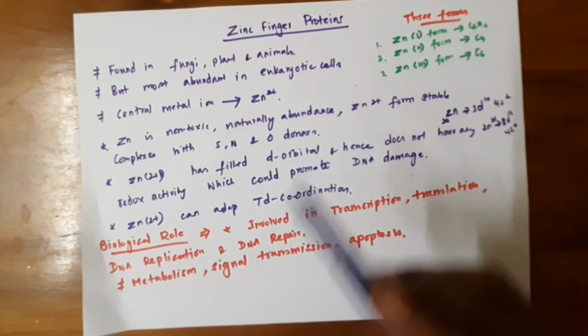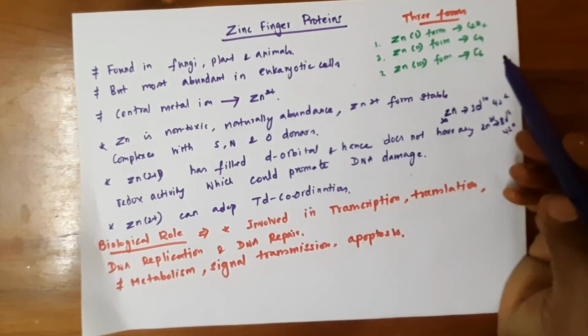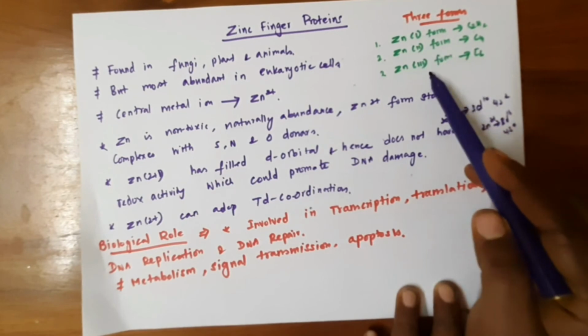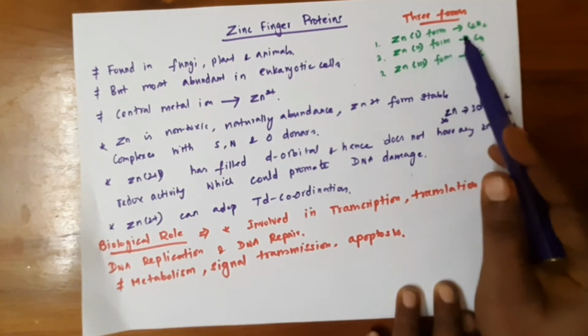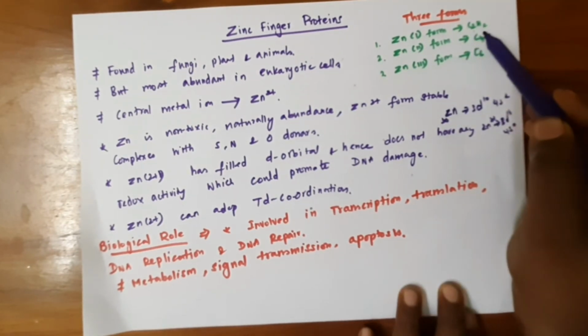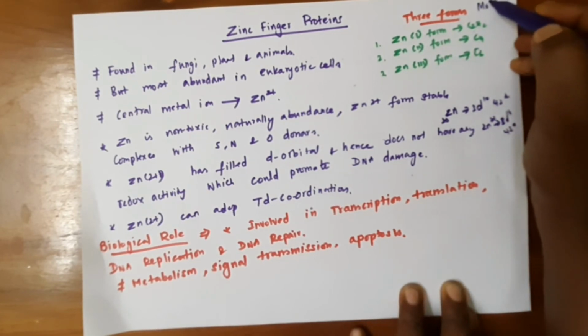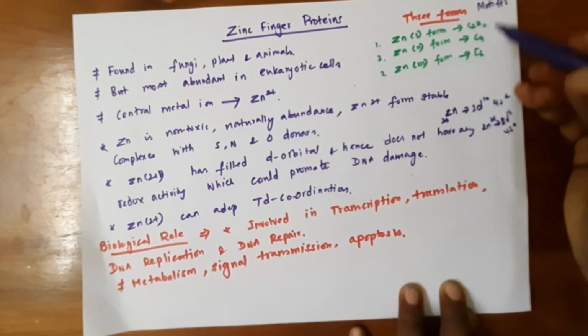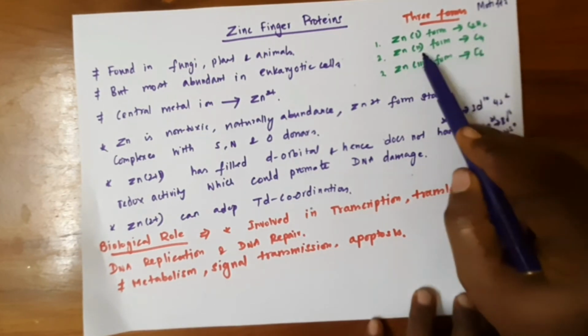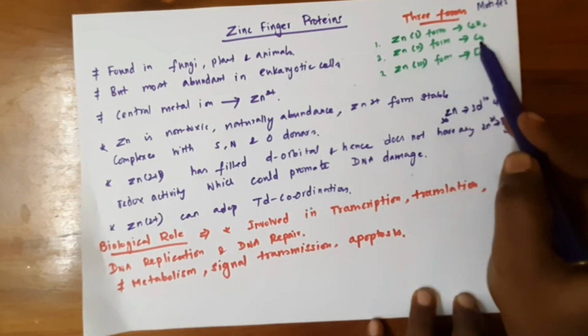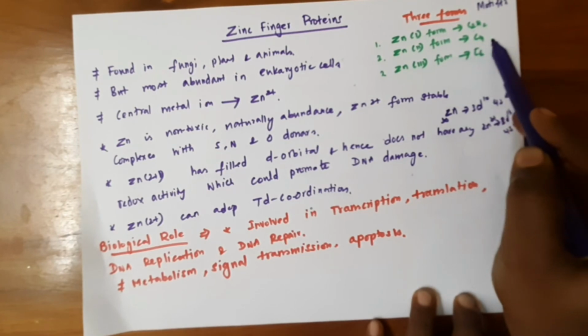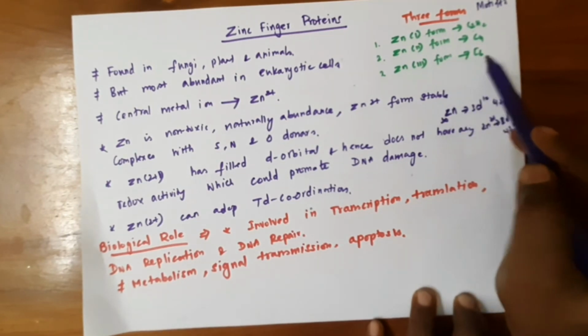These zinc finger proteins come in 3 forms, that is zinc types 1, 2 and 3. In type 1, zinc forms C2H2 motifs. The second form is combined with C4 and forms the zinc C4 motif, and the third one is the zinc C6 motif.